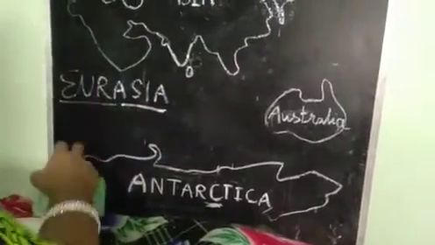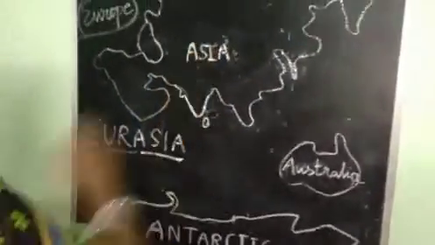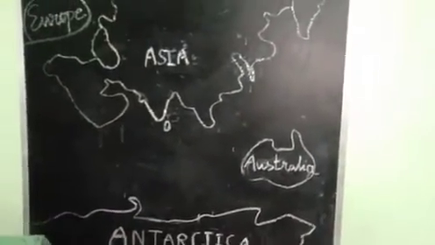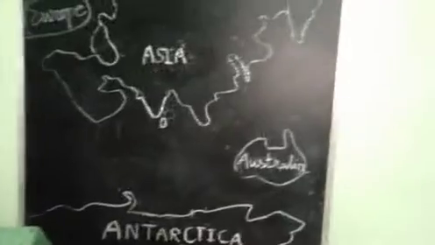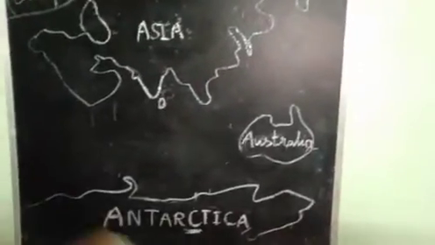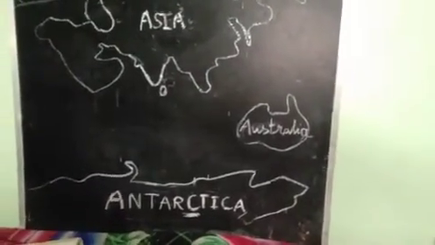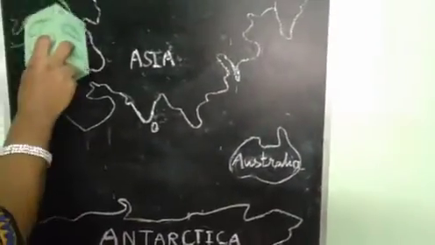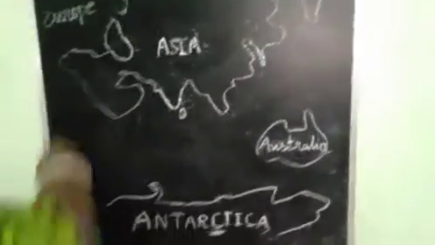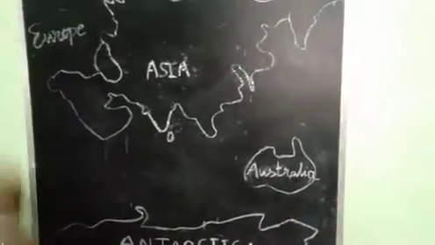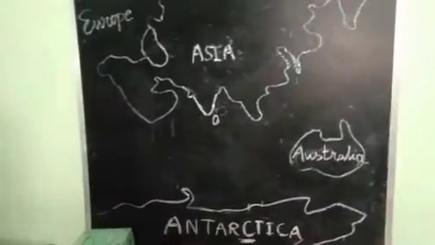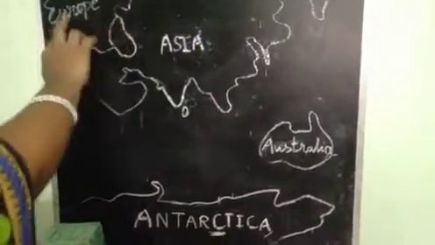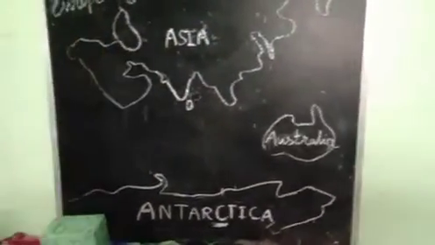For understanding, I drew those circles. Now you can copy the three continents: Asia, Australia and Antarctica. Europe you studied before the previous map. The whole continent is divided into two, that is Europe and Asia.